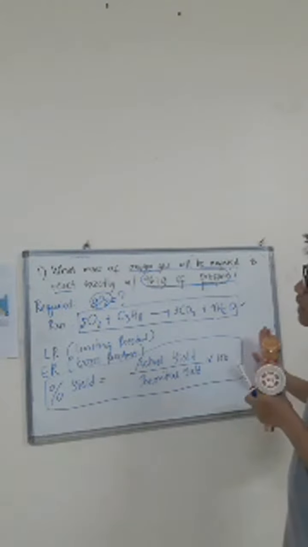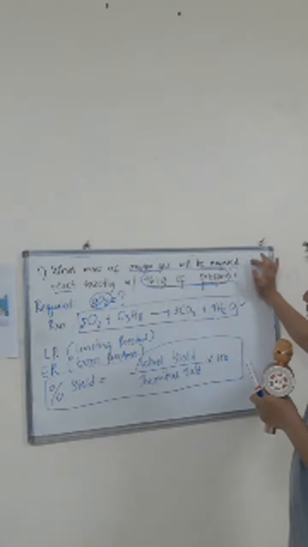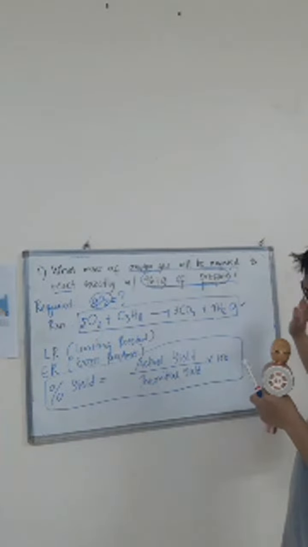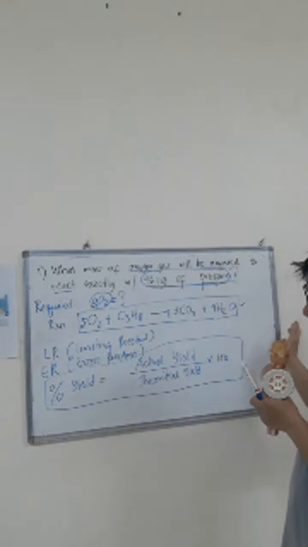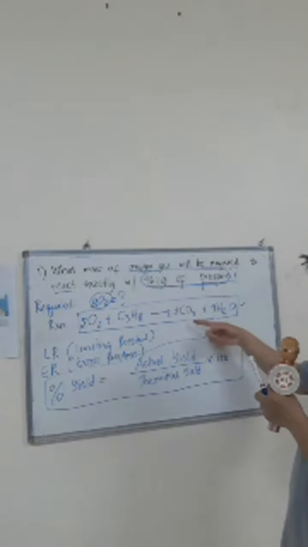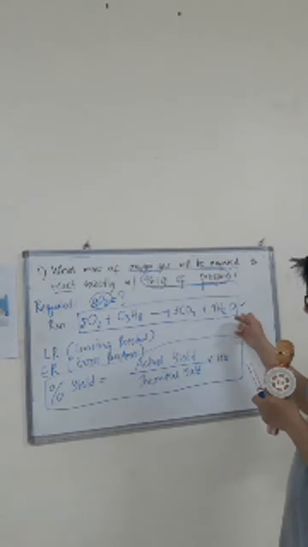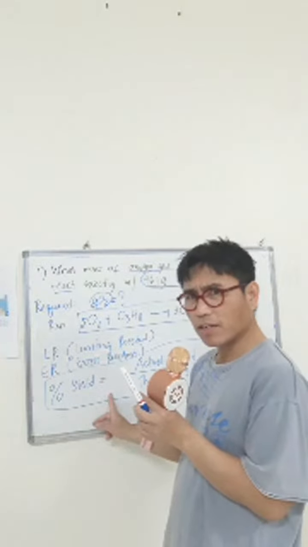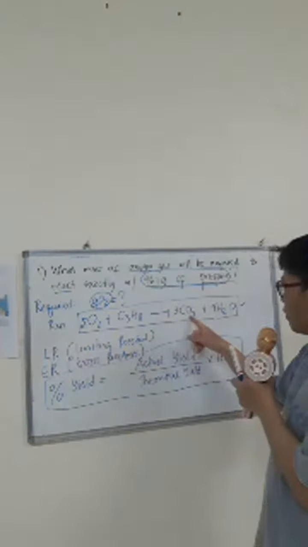Now, how can we do this for this particular problem? We can have a backup question like this: what is the percentage yield of carbon dioxide and water? Because your yield talks about the result, the product, and your products will be carbon dioxide and water.